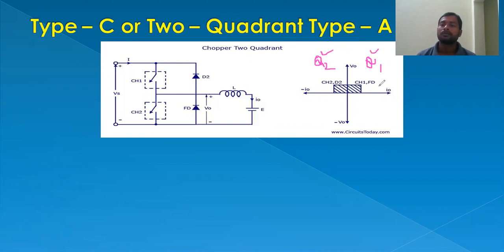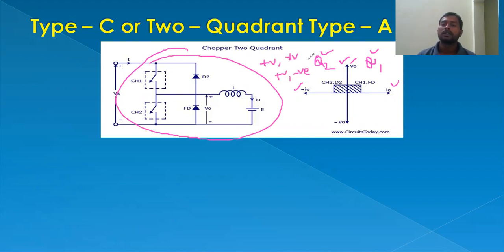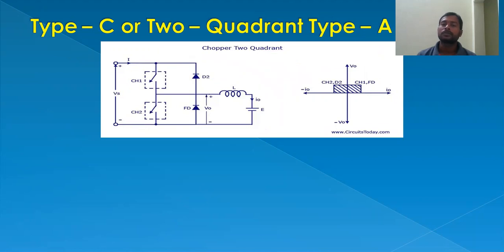In this coordinate, voltage is positive and current is positive. In this coordinate, voltage is positive and current is negative. So how does this circuit provide positive voltage and positive current, and positive voltage and negative current? I will explain the operation.